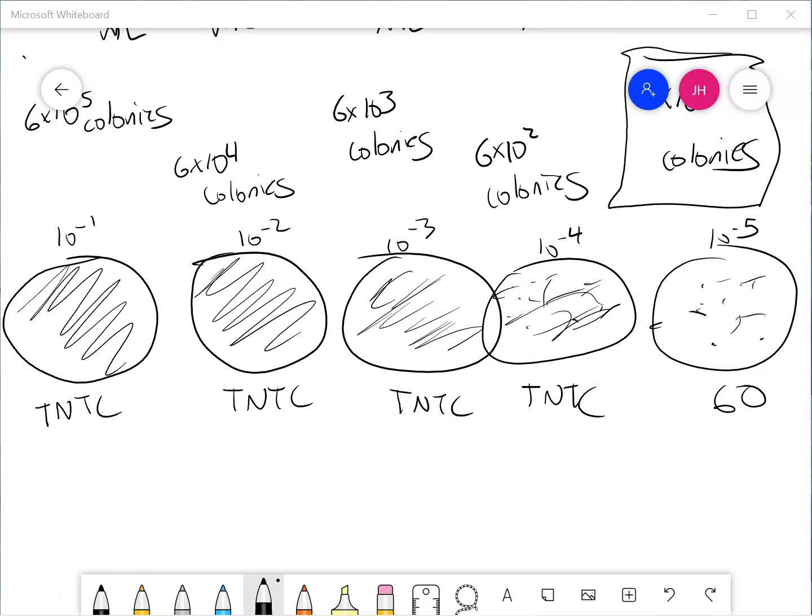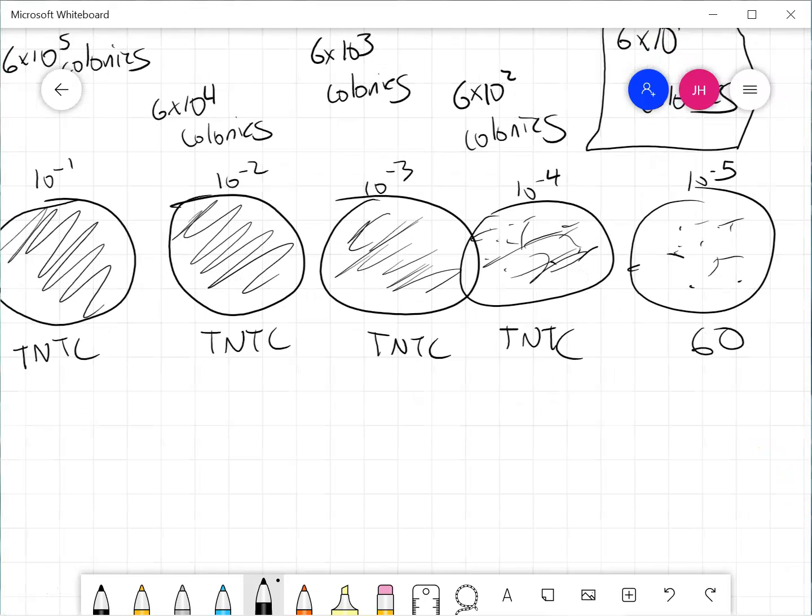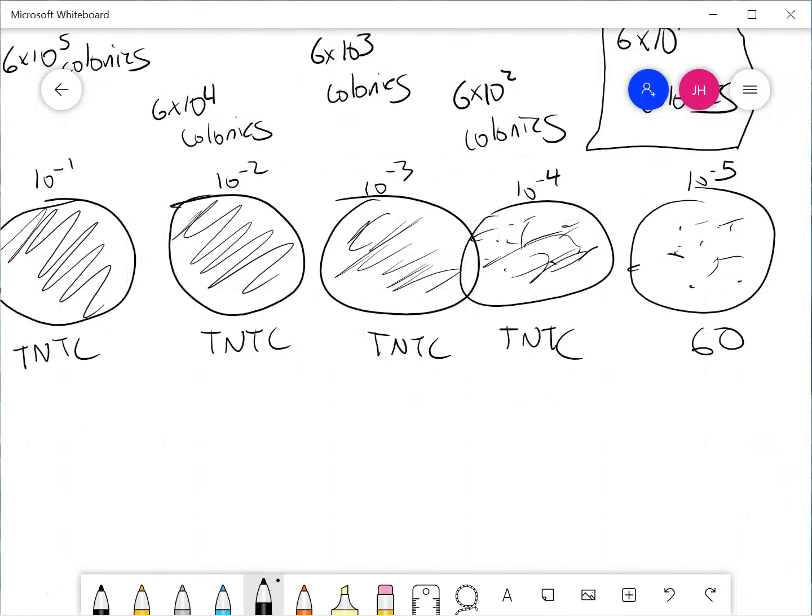So our colleague has gone through and counted the colonies on these plates and needs to figure out what the unknown population size is. Okay, so the way this calculation works is you would take whichever number you get, so you can ignore all this. That's the number of colonies.